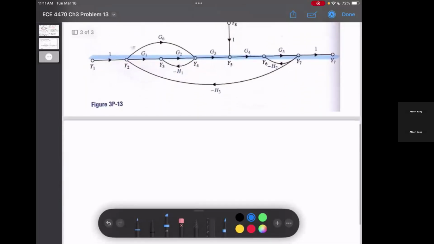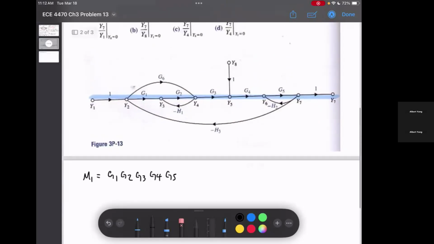I'm going to write that as M1. And then we're going to just write the sum of the gains. So it'd be 1 times G1 times G2 times G3, G4, and G5.